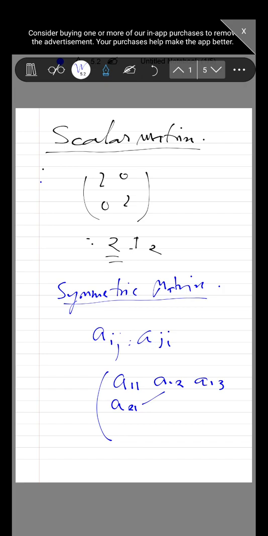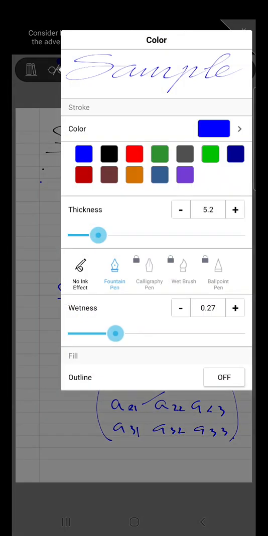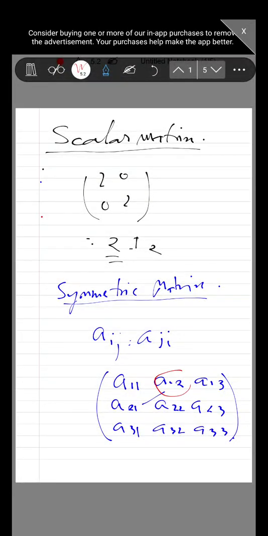So let us first write in its usual form: A12, A22, A23, then A31, A32, and A33. Now, this element and this element should be equal, and this element and this element should be equal, and this element and this element should be equal.